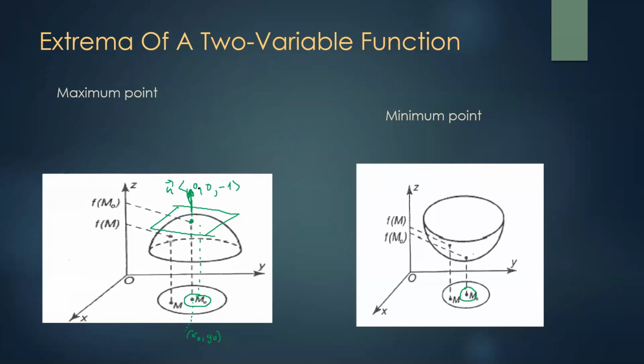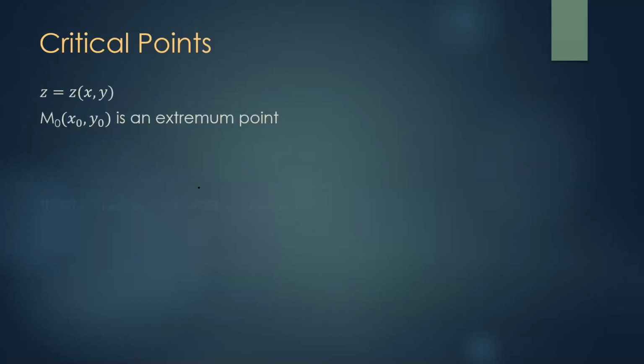That is, both partial derivatives are zero at this point. So the partial derivative by x and the partial derivative by y is zero at this point, if we have this smooth maximum point with a horizontal tangent plane.